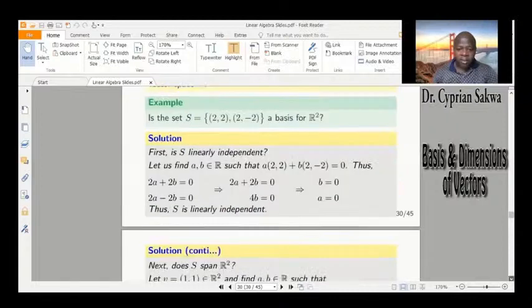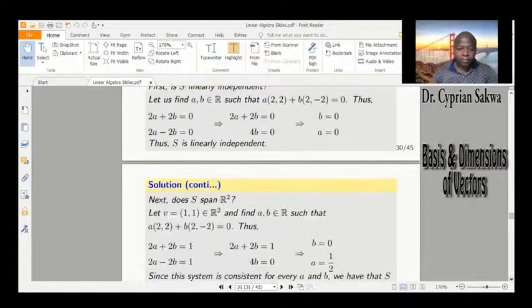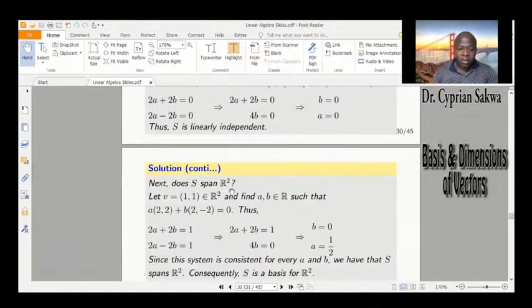So let's look at the second condition. The question is, does S span R2? And we know how to go about telling if vectors span a vector space.